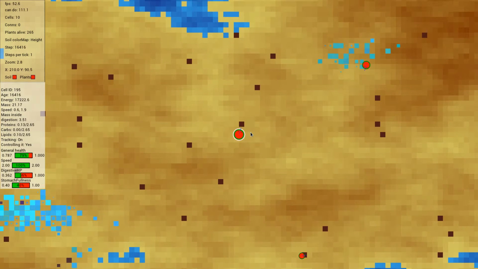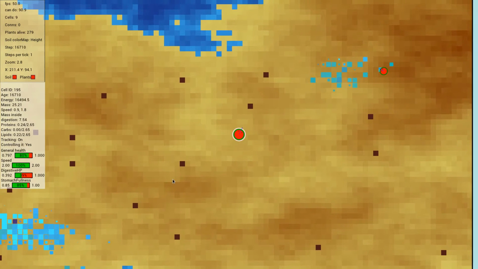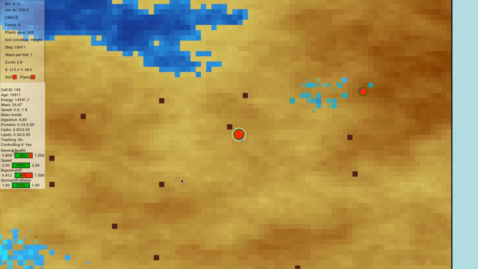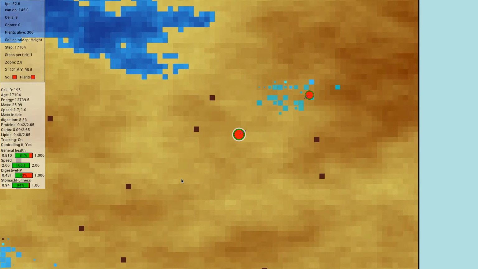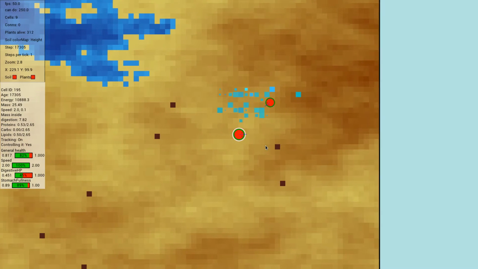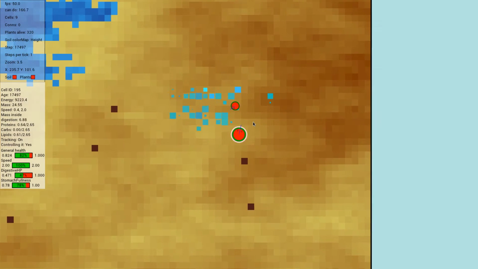Now there are only 10 cells left, 9. These dark brown squares are leftovers of dead cells, and these squares are plants.